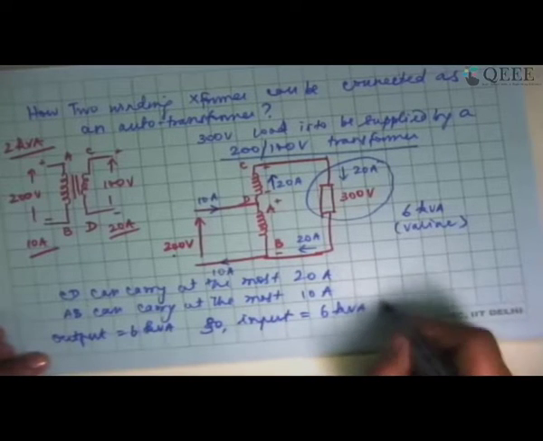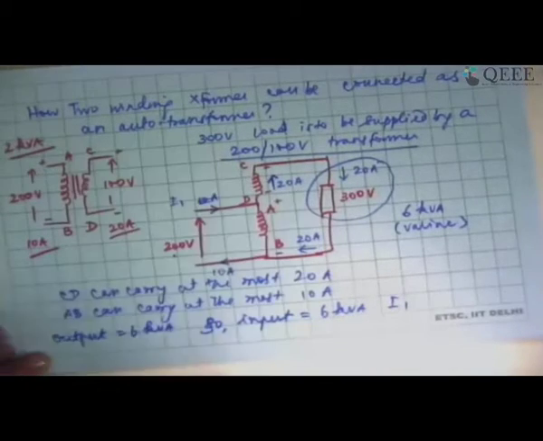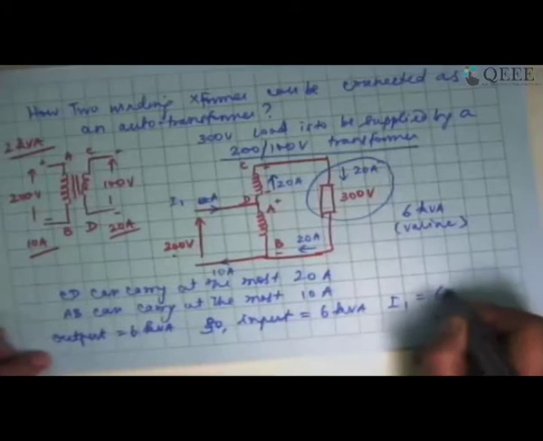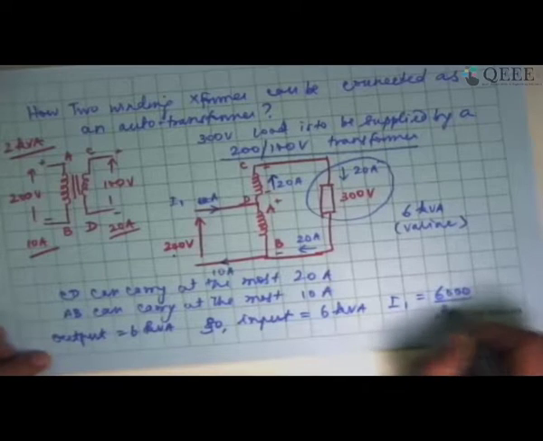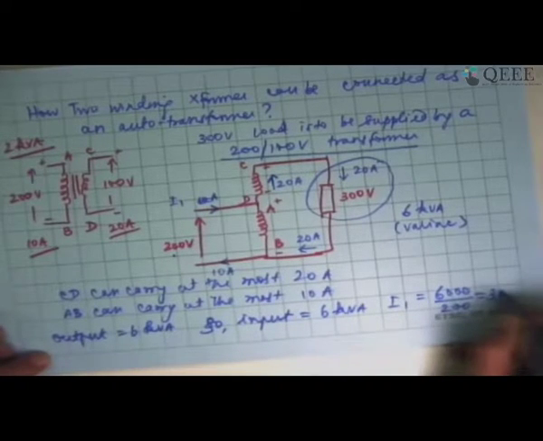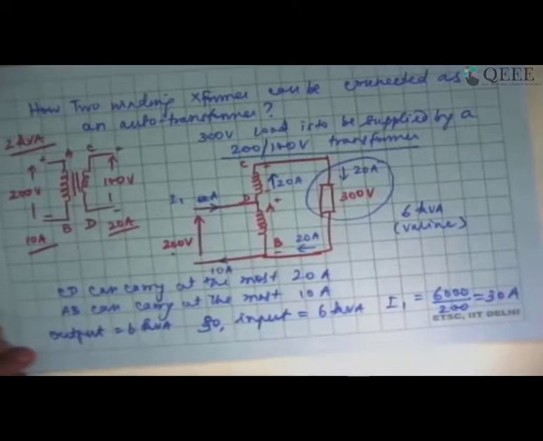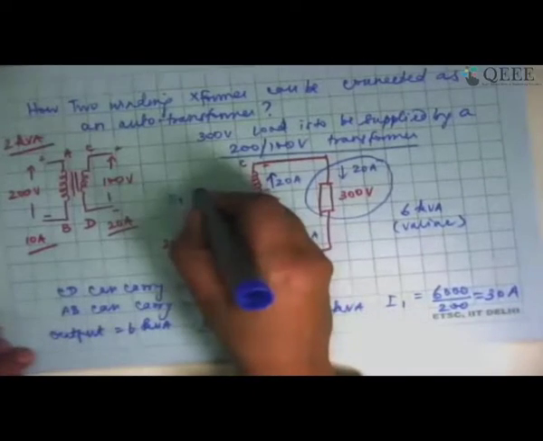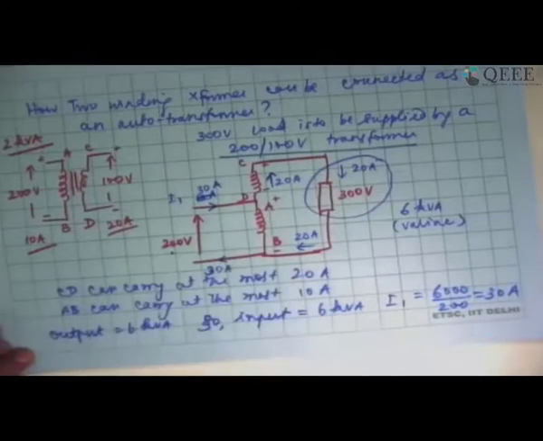Which means the input current, I may call this I1, I1 will be 6000 divided by 200, which is 30 ampere. So what I wrote here is not correct. This has to be 30 amperes. This also has to be 30 amperes.